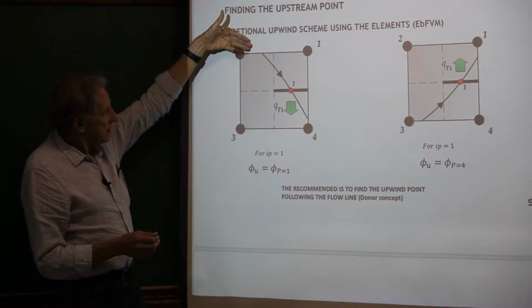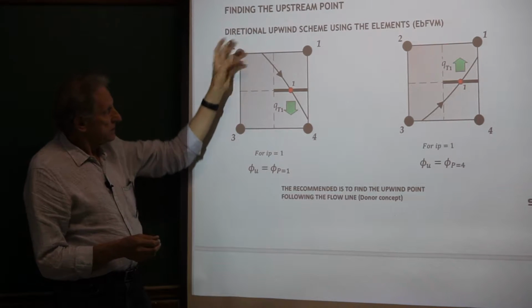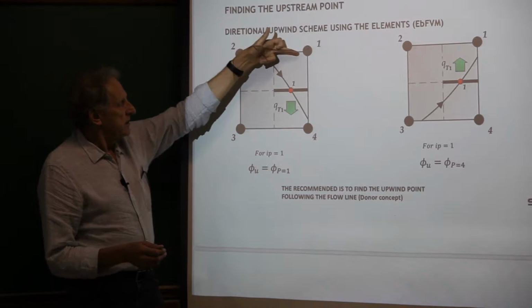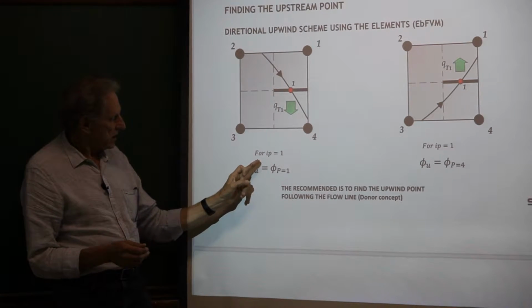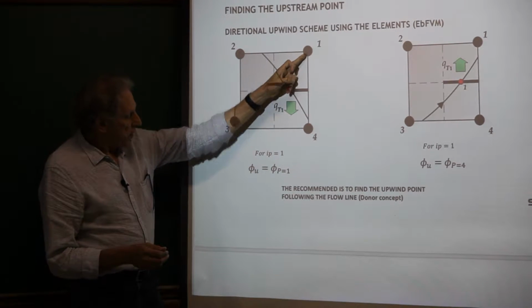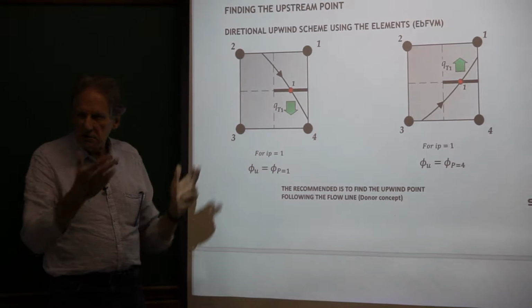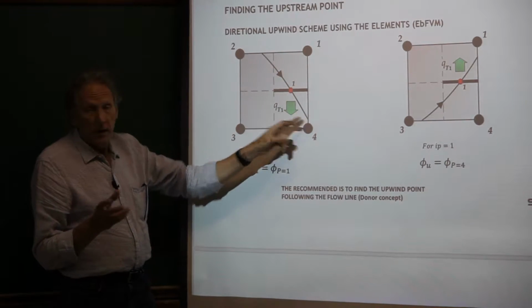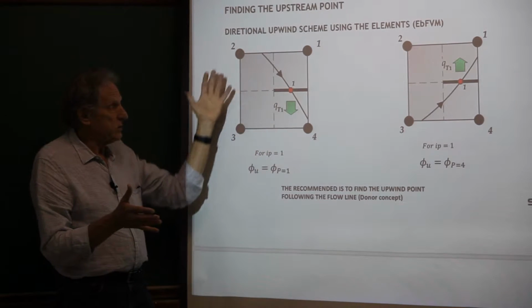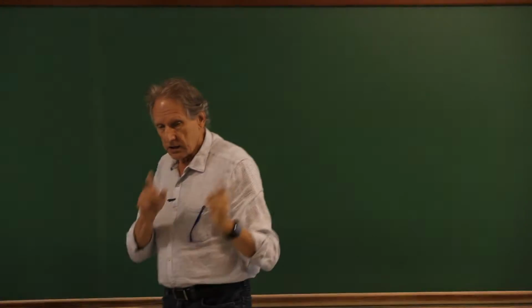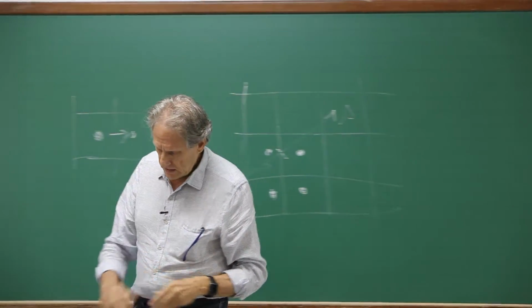The donor cell, in fact, will be a mixing of different points here, no? And then the upwind is here. If you say phi upstream here is this point, you are saying the donor cell, but this is not the point which is giving the information. There's some other flow direction which must be considered, and that's what we are going to do now.